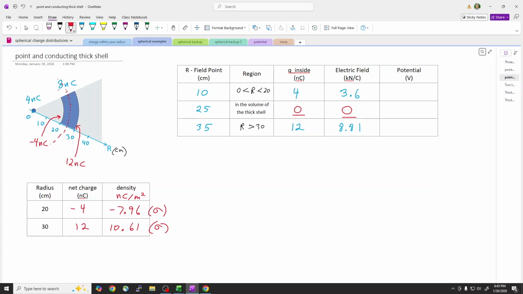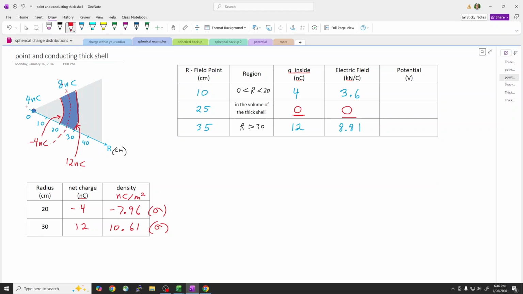So if the 8 nanocoulombs cannot be in the volume, the only place it can go is to the surfaces. And the way we can calculate how the 8 nanocoulombs polarizes to the surfaces is to use this idea of Q inside is zero when we're at the 25 centimeter field point radius, right?